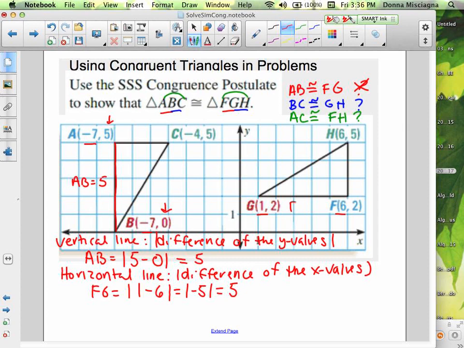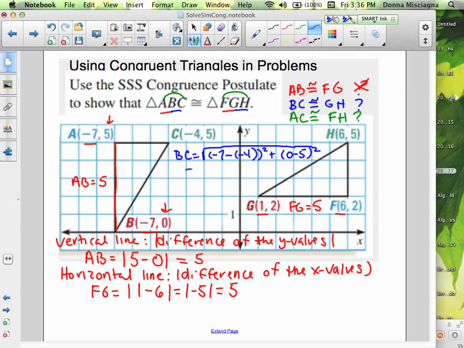They are both 5. Let's do the same thing with BC and GH. All right, so now we're going to have to use the distance formula. So BC, we take the difference in the x coordinates. So we have negative 7 minus a negative 4, all squared, plus the difference in the y coordinates. I started with B, so I have to continue with B. So 0 minus 5 squared.